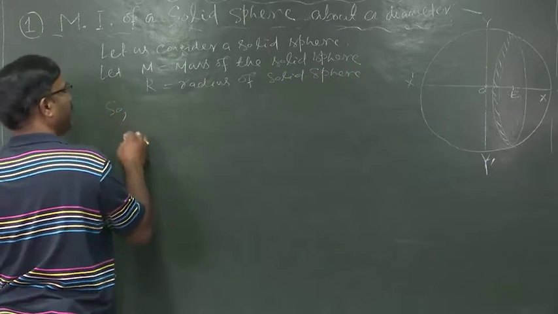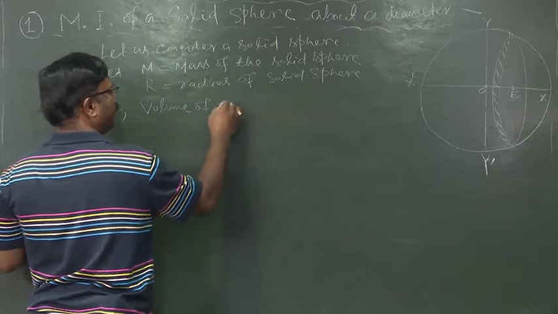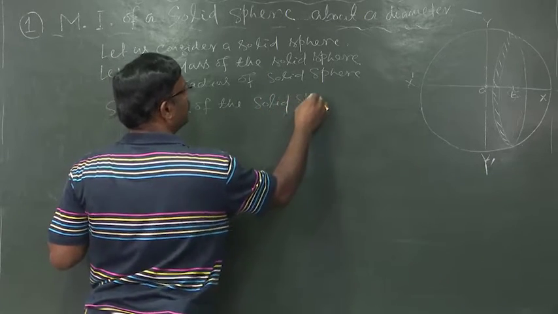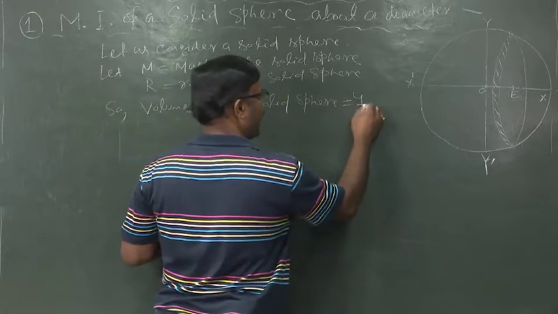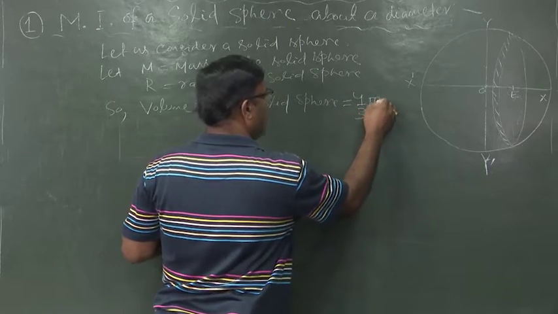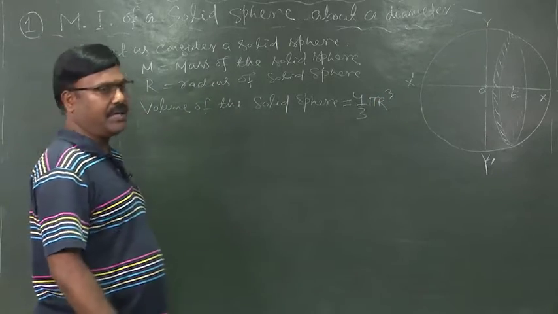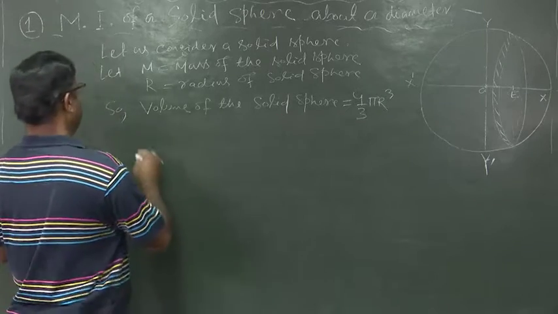So the volume of the solid sphere is equal to 4 by 3 pi r cube, because earlier we have known that the volume of a solid sphere is 4 by 3 pi r cube.